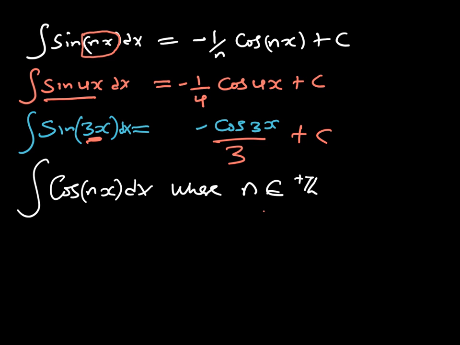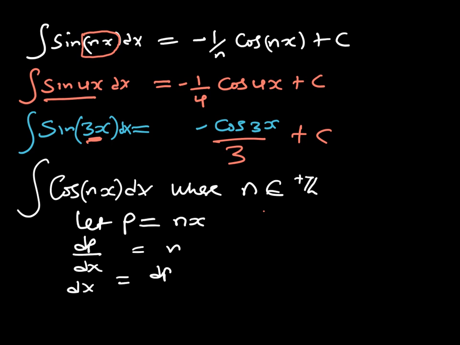So we let p equal to that angle nx, then dp by dx is equal to n. So dx is dp divided by n. If you go ahead, cross multiply and make dx the subject, not an issue to somebody in A level.